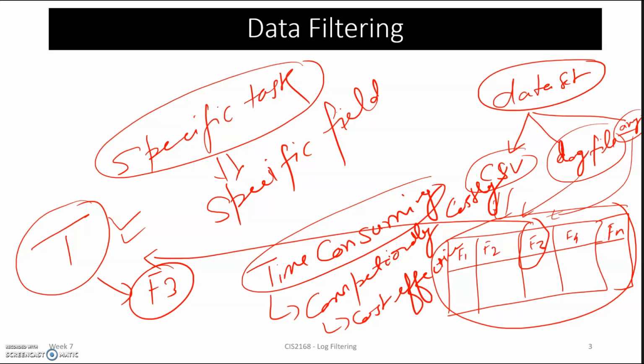So we say that if you are working with all the fields to accomplish any task T, where you just need one field and you are processing all the fields, then this process will be time consuming, or computationally costly, or not cost effective. So how can you make the system more efficient so that you can complete the task more quickly? You can apply data filtering methods.